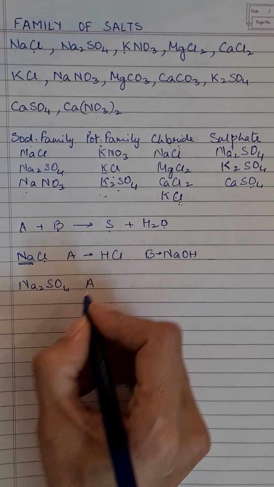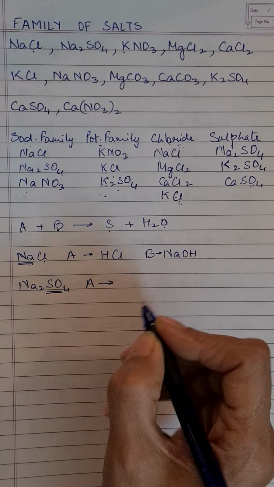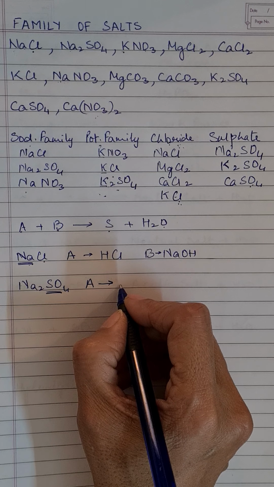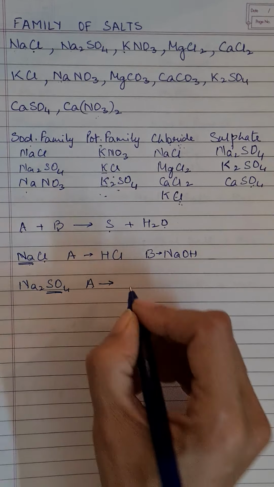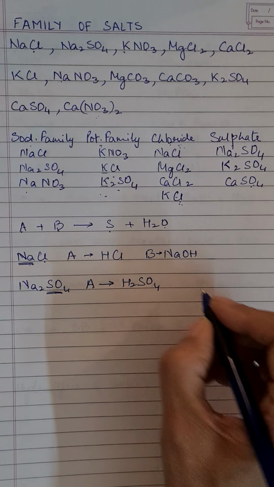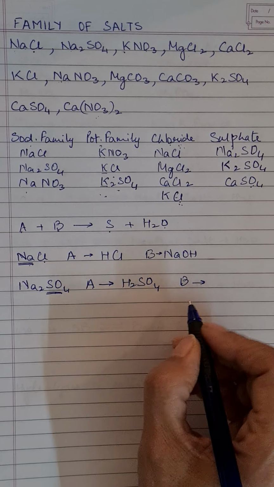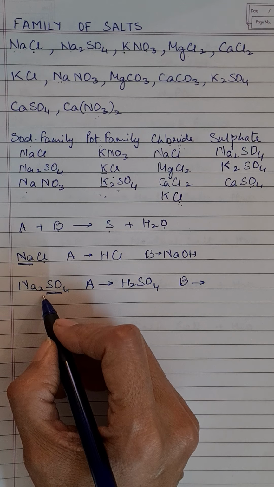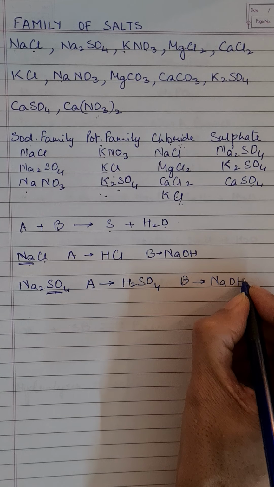Here the anion will come from the acid. So the acid here will be sulfuric acid and the base involved for the formation of sodium sulfate would be sodium hydroxide.